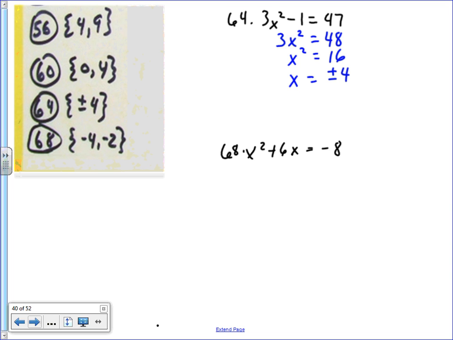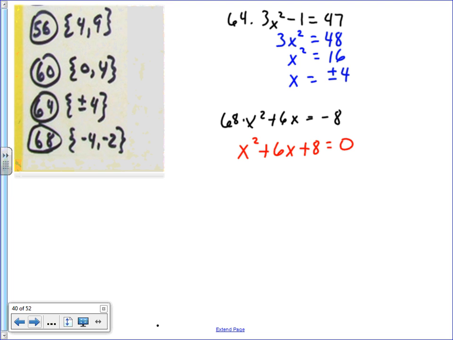Number 68. Let's see if that'll move up a little bit. There we go. Okay? Here we see we do have a linear term, a quadratic term, and a constant. We need to move everything to one side. So we're going to bring that minus 8 over, and it becomes a positive 8. And factor, if possible.